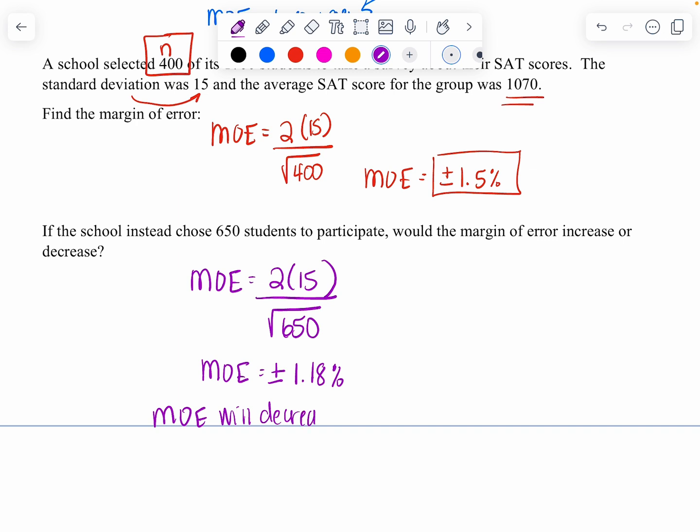And the reason it's going to decrease, I've said it a few times now, is that when you increase the sample size, the margin of error goes down or decreases. So the margin of error decreases.